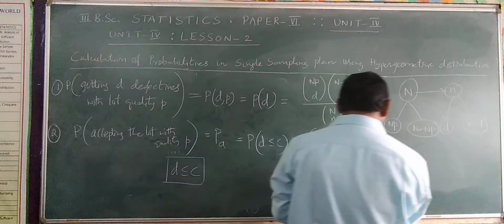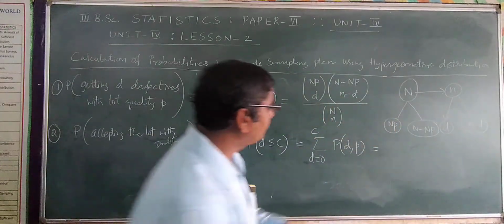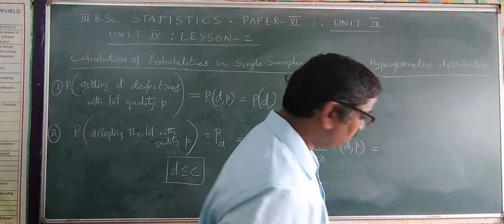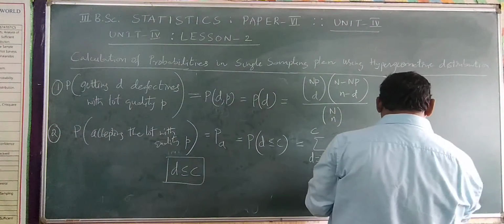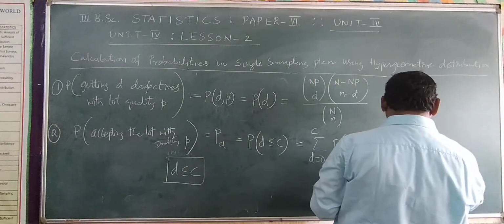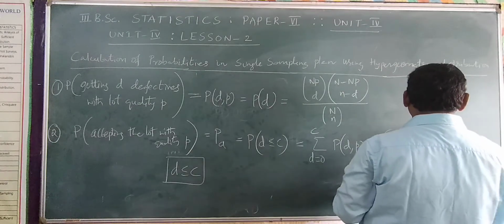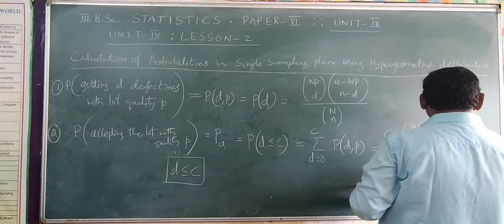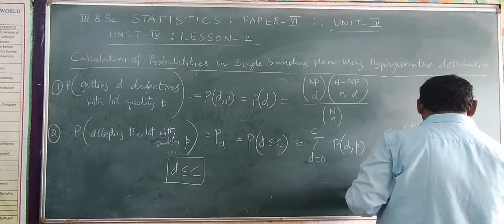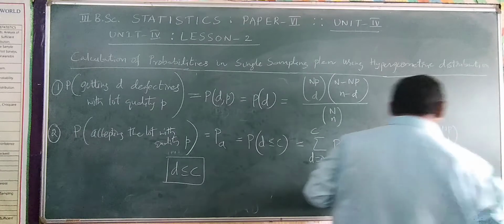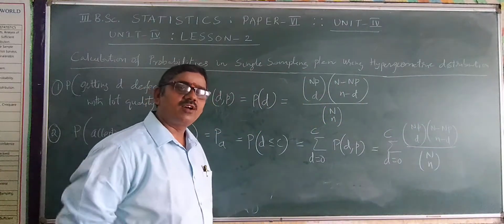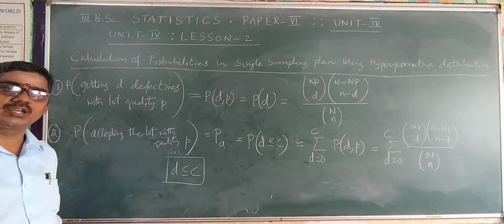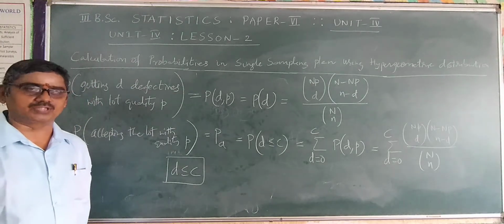So PA is calculated by the summation from d equals 0 to c of NpCd multiplied by N minus Np C n minus d divided by NCn. This is the probability of accepting the lot in the single sampling plan by using the hypergeometric distribution.